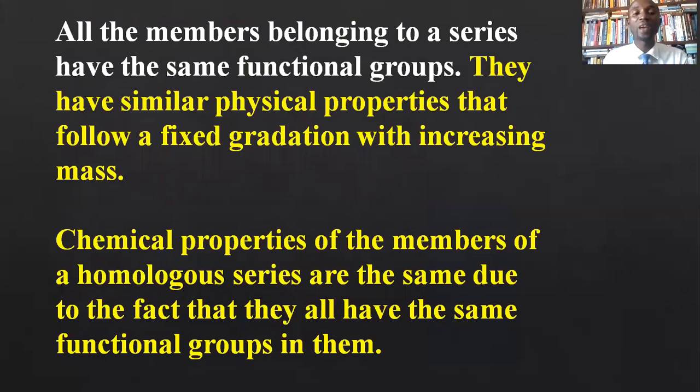Now, all the members belonging to a series, belonging to a particular family, have the same functional group. Like the alkane, we know that they have a single bond. So all the alkane family must have single bonds. That family or homologous series has similar physical properties that follow a fixed gradation with increasing mass.